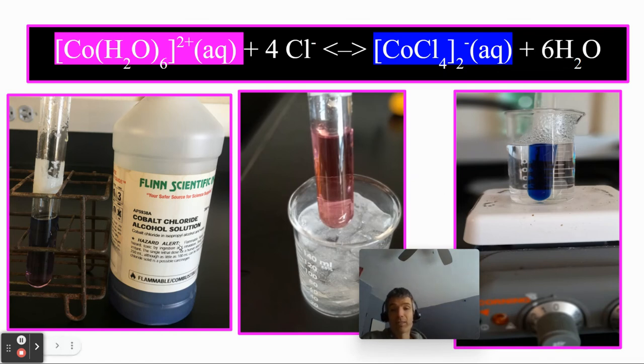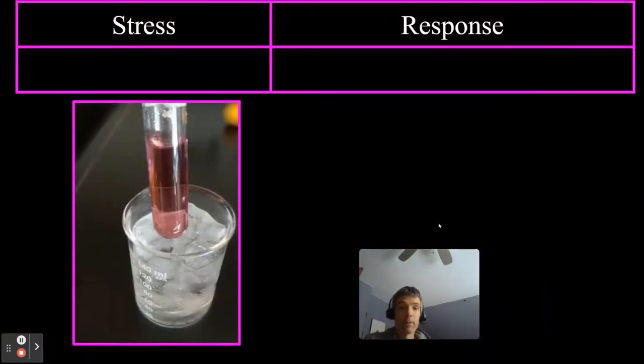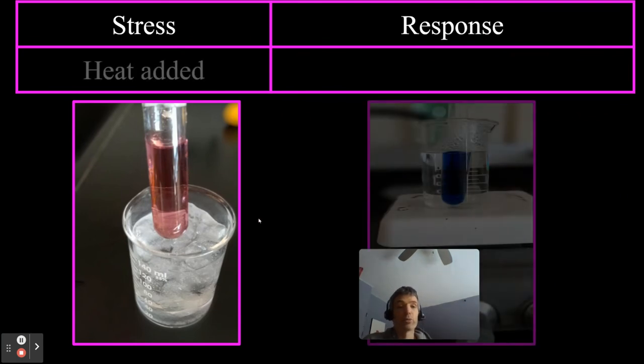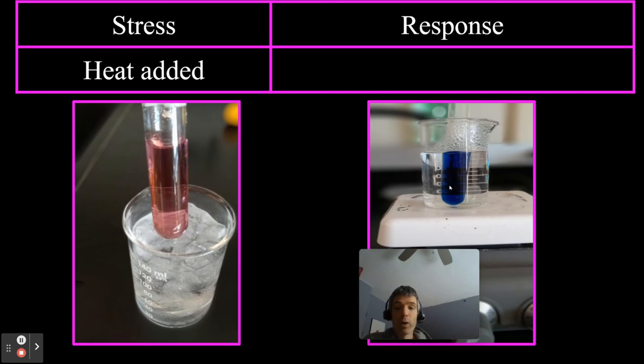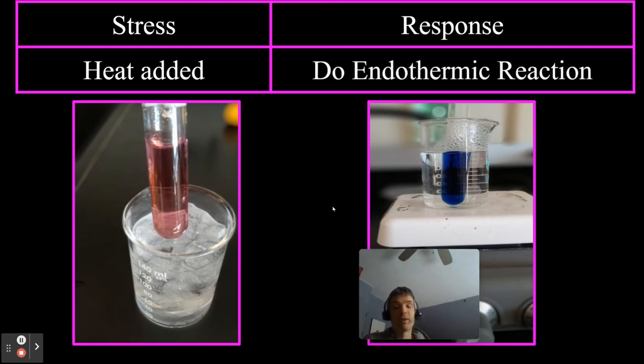Now, here we're manipulating an equilibrium by getting a new constant, by affecting the constant. So here I have this blue solution at equilibrium. What's the stress? I add heat to it. What does it do? It turns blue, and what it's actually doing is favoring the endothermic reaction.